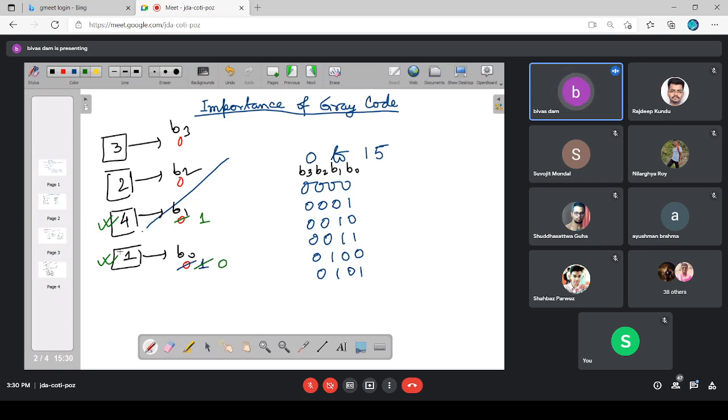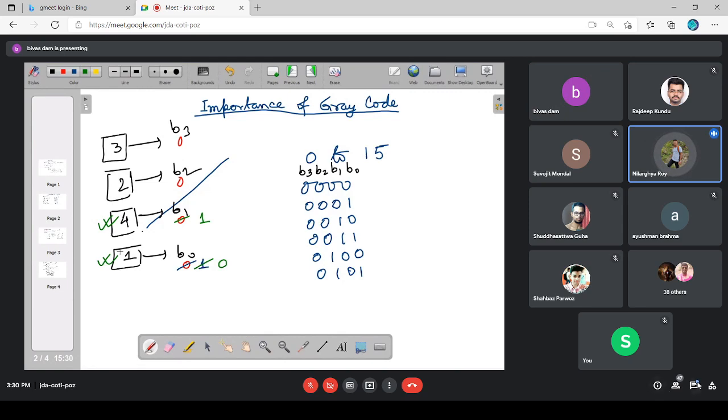Now that means the relative propagation delay should come into the picture. Sir, why will B2, B3 not change? How can they change? After 1, what is the next temperature you are getting?